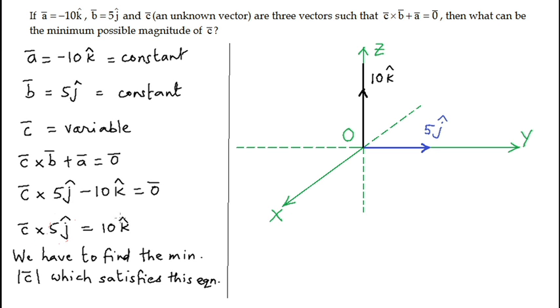Remember, by the rules of the cross product, the product must be perpendicular to each of these two vectors. So it basically means that 10k cap must be perpendicular to c bar, and simultaneously 10k cap must also be perpendicular to the other vector involved in the cross product, which is 5j cap.